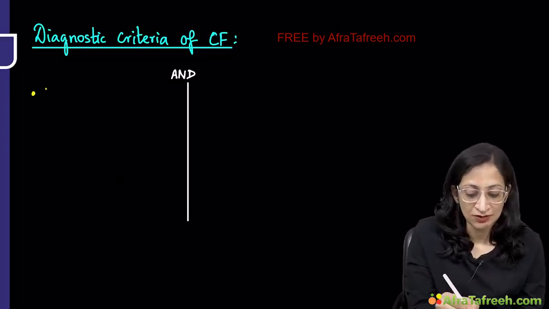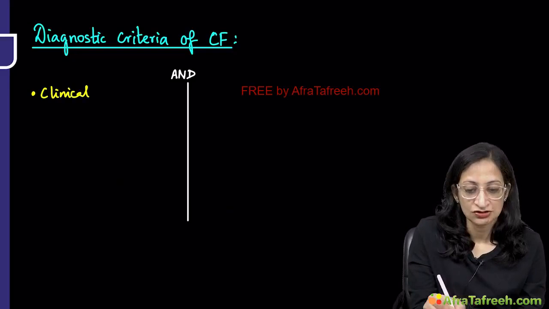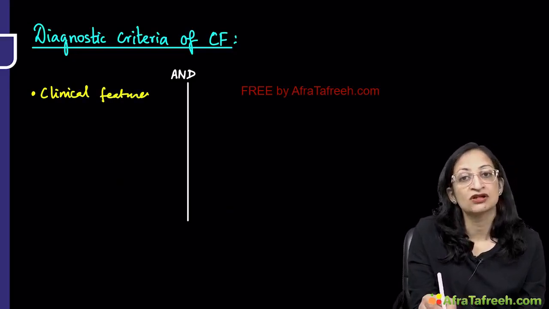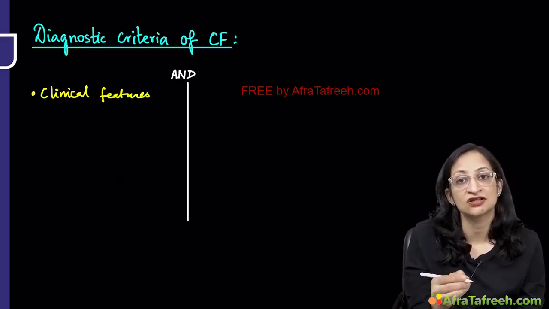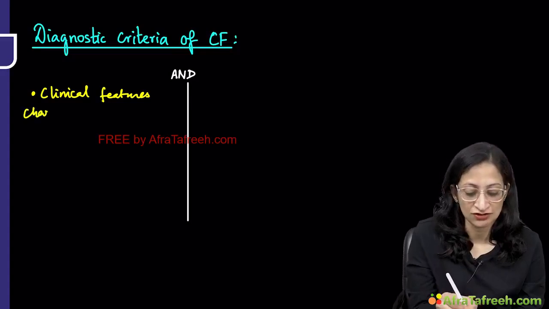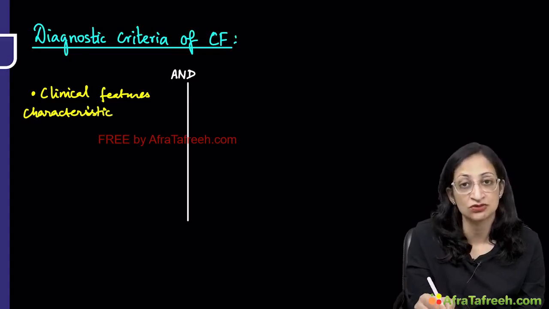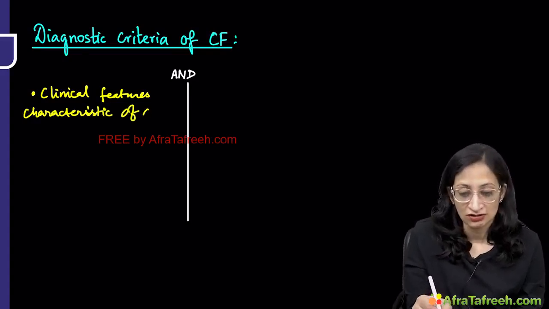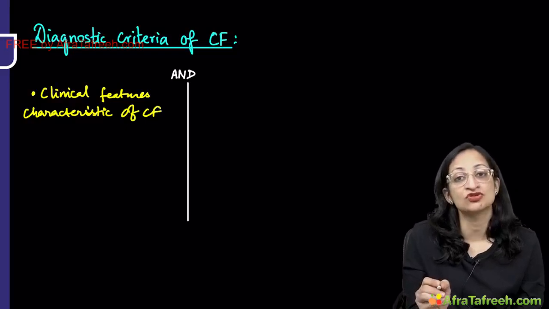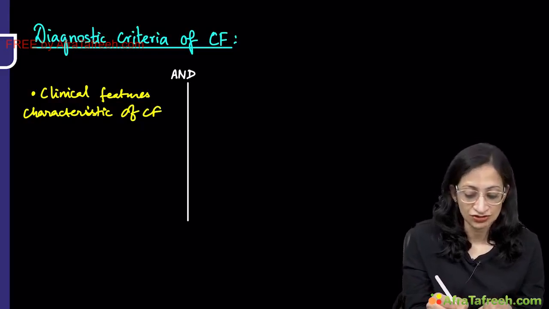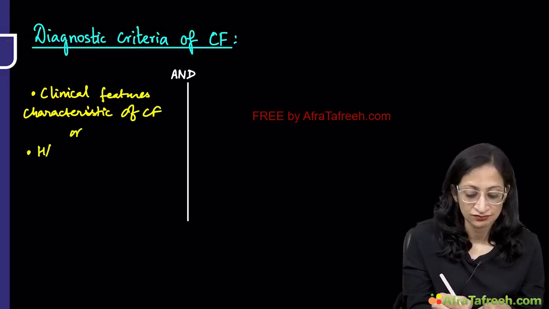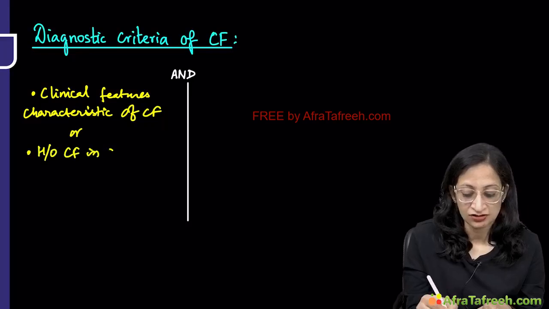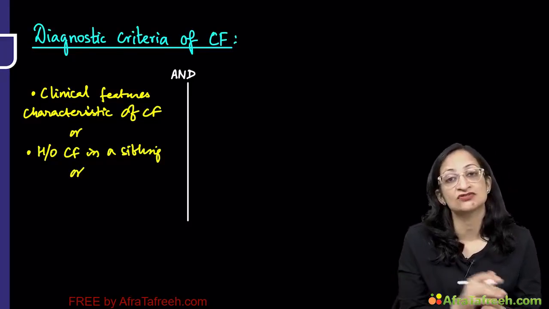One is that the clinical features should be characteristic of cystic fibrosis, like we said, recurrent diarrhea, recurrent pneumonia, steatorrhea. Then there can be a history of cystic fibrosis in a sibling or first degree relative, or a positive newborn screening test for cystic fibrosis.